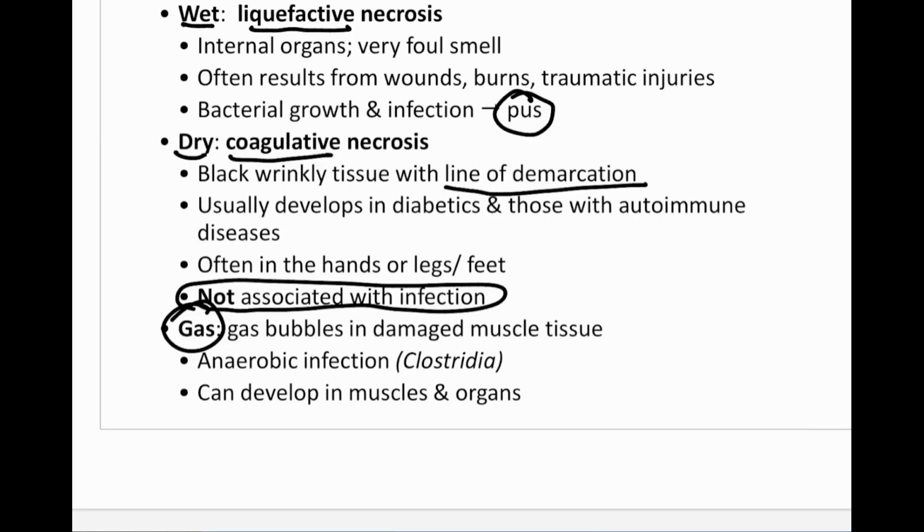Again, if they have an infection, not normal people have gas buildup like that. Clostridia is a big one and can develop in your muscles and your organs. That's why I said on your physical exam, when you're palpating those muscles, if you start hearing cracking, popping noises, you check those out.